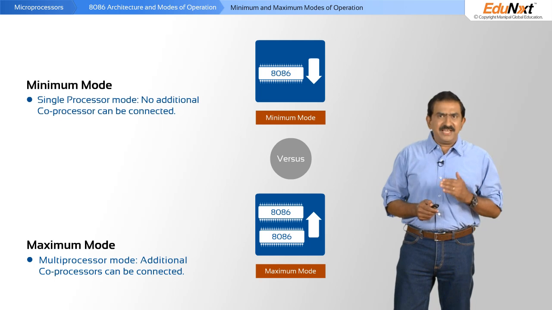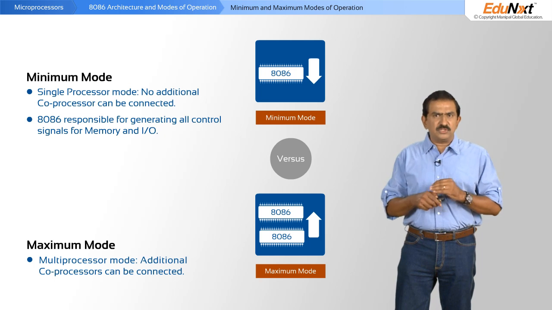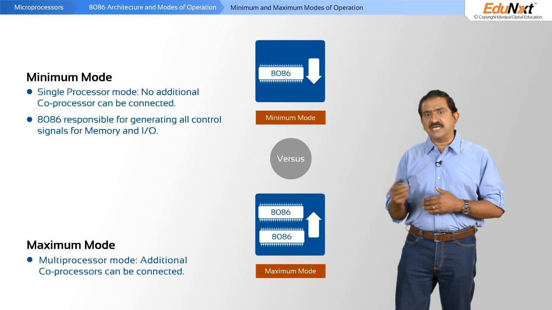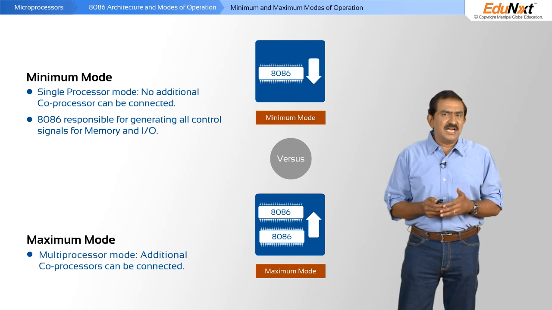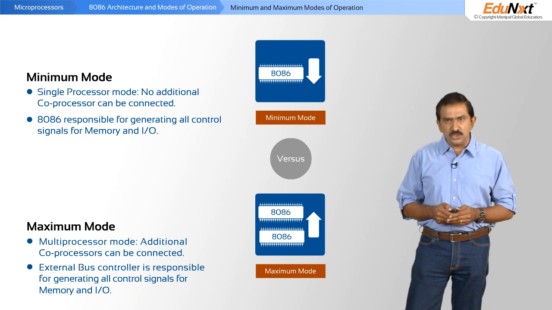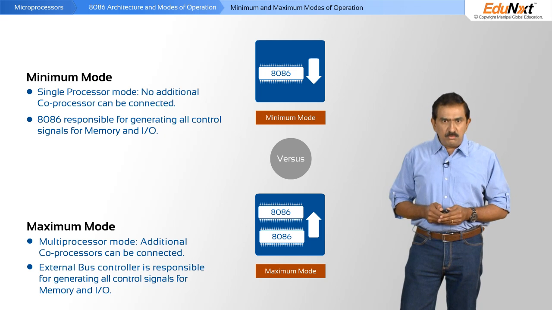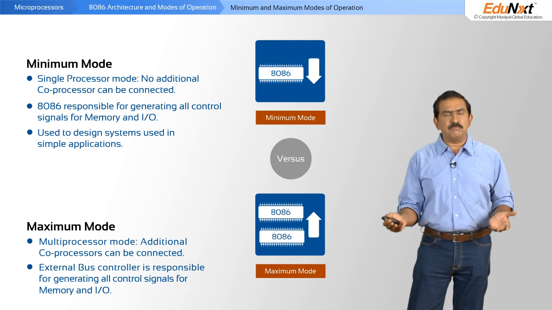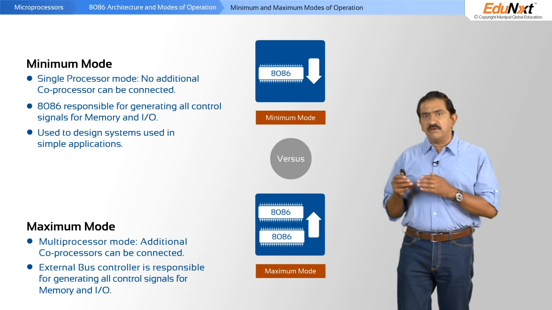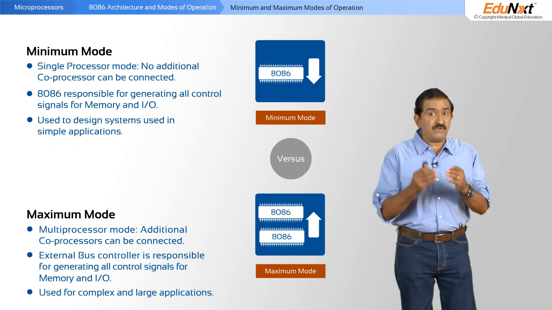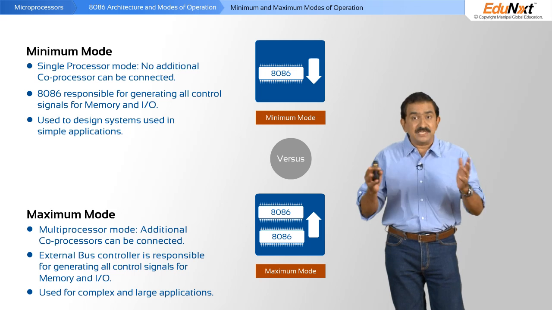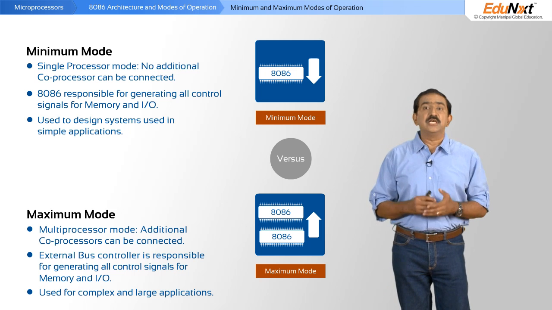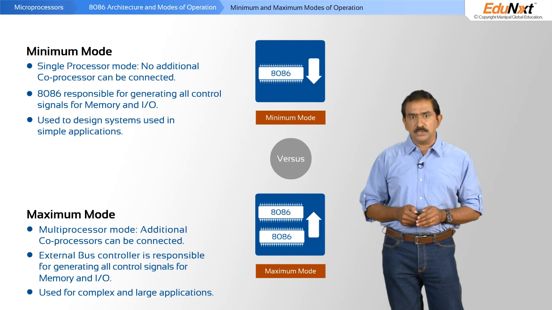In the minimum mode, the 8086 is responsible for generating all control signals on its own, and in the maximum mode you could use additional bus controllers to do this for you. The minimum mode is primarily used in very simple applications, whereas the maximum mode is used in fairly complex applications, for example a personal computer based on the 8086.